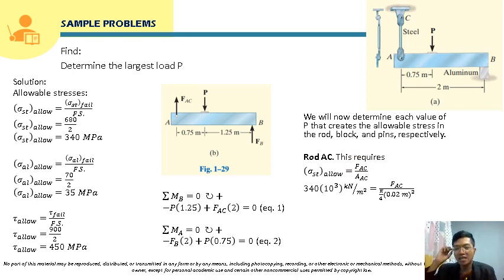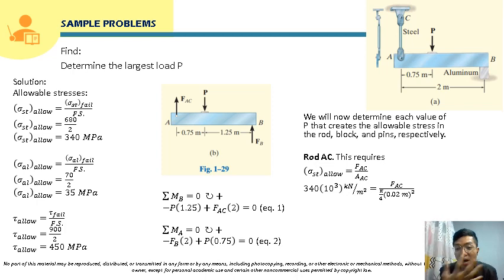So FAC here is the internal normal force. If we solve for the internal loading here at this steel rod, the internal normal force will just be equal to FAC. So that will be FAC over the cross-sectional area of the steel rod AC. Since this is a steel rod, it has a circular cross section, so the area for a circle will be pi over 4 times diameter squared.